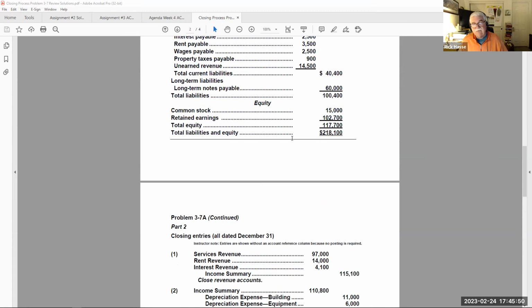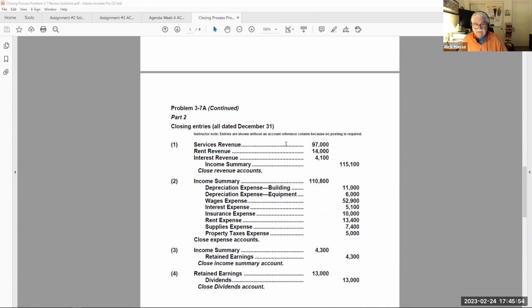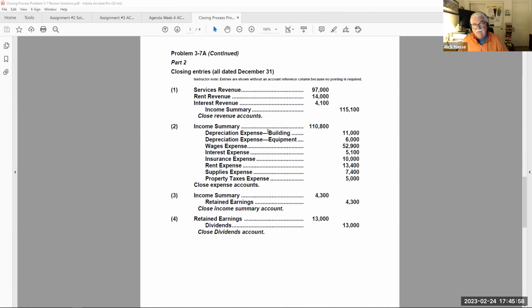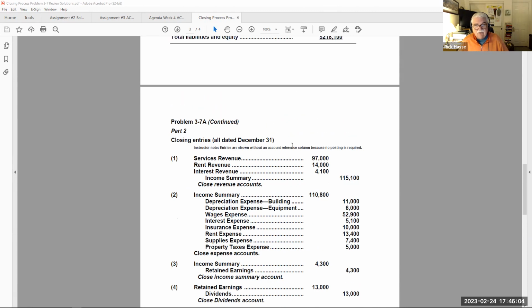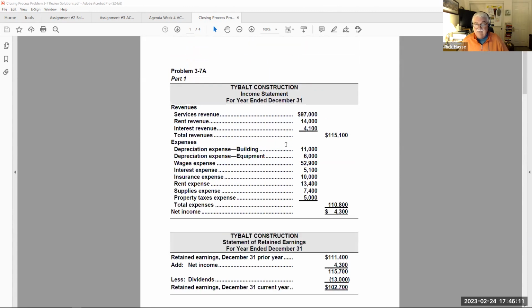Notice the post-closing trial balance will have no revenue, expense, or dividend accounts because you've closed those out in the process. So this is problem 3-7A on pages 137 to 138 of your textbook that you can use as a template or a review of this process that you have to do in assignment 3.